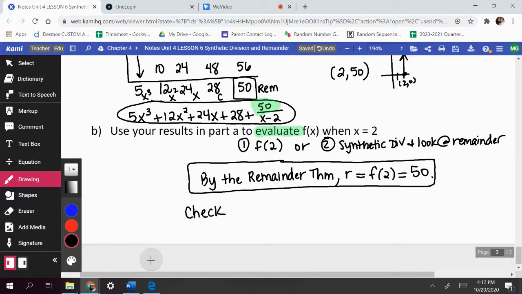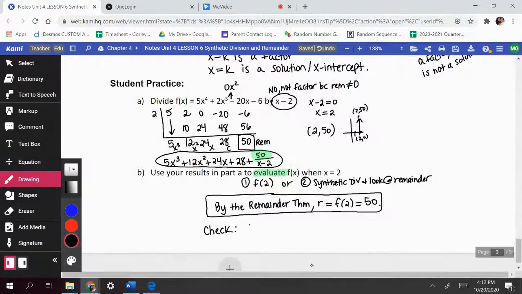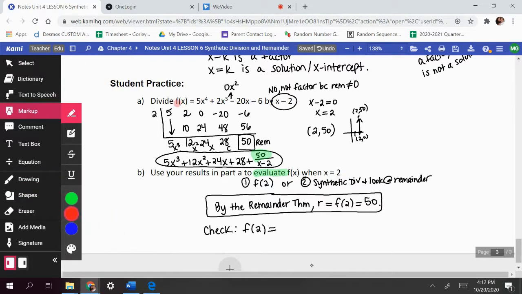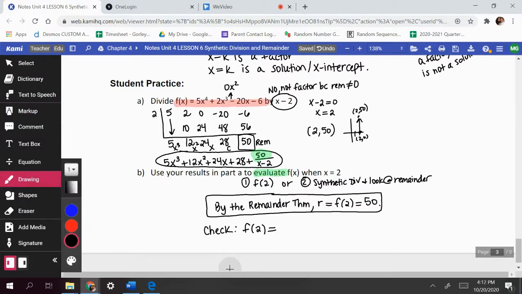Okay, and if we want to check our work, let's just go ahead and plug in 2 into our function. So if I'm doing f of 2, and I'm using this function up here, we would have 5 times 2 to the 4th plus 2 times 2 cubed minus 20 times 2 minus 6.